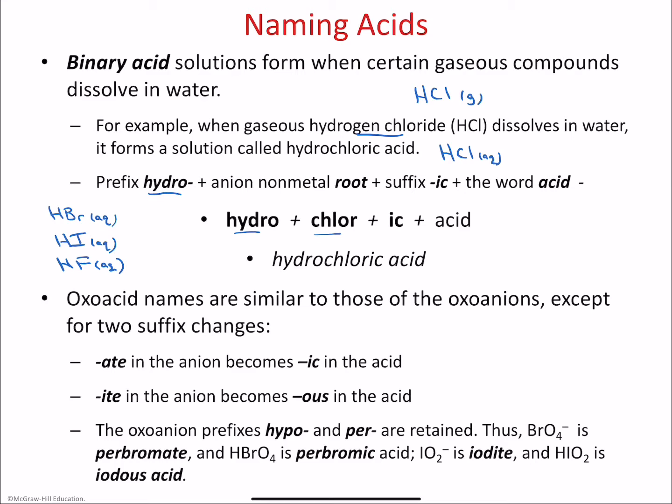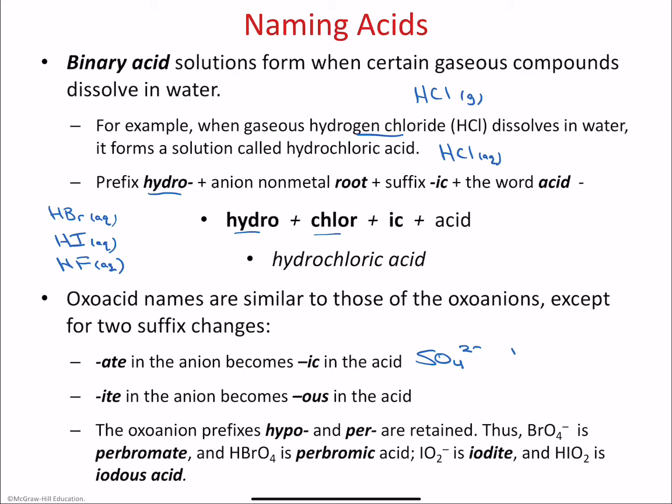Anyhow, for oxoacids, the names are similar to those of the oxoanions, except for two suffix changes. So if my oxyanion ends in ate, it becomes ic acid. So for example, if I had SO4 2-, so that is sulfate. So that would become sulfuric acid.